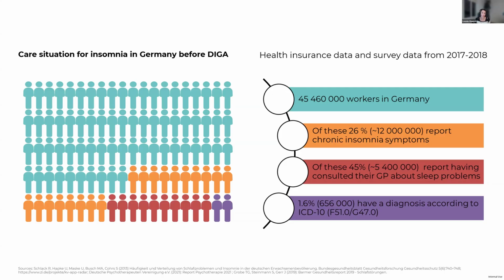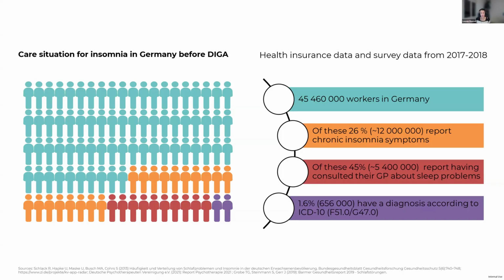If we look into all workers in Germany and check how many of those actually meet criteria for insomnia, we see it's quite high with 26%. And if we then go a bit deeper, we see out of all of these, only 45% actually consulted their GP about a sleep problem.